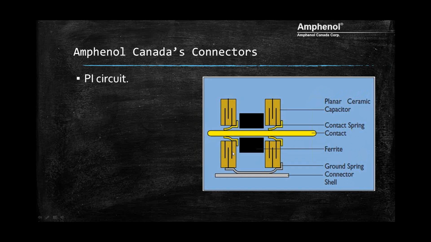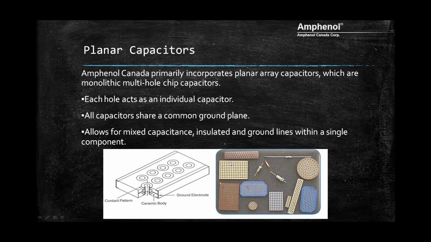So we have a variety of materials that we use and various dielectric strengths, and with that you can achieve various capacitances from very low to very high. Very high being up to 100 nanofarads, and for very low we usually look at 50 picofarads as one of the lowest that we go to, but most commonly used is 200 picofarads.